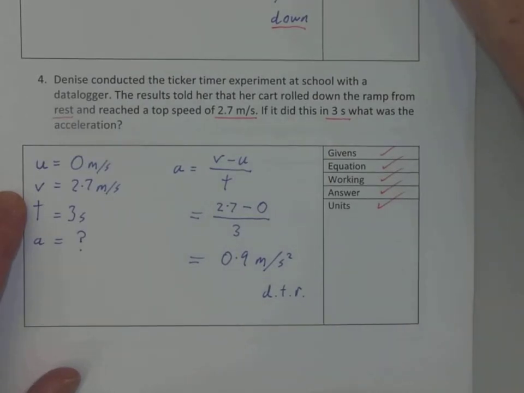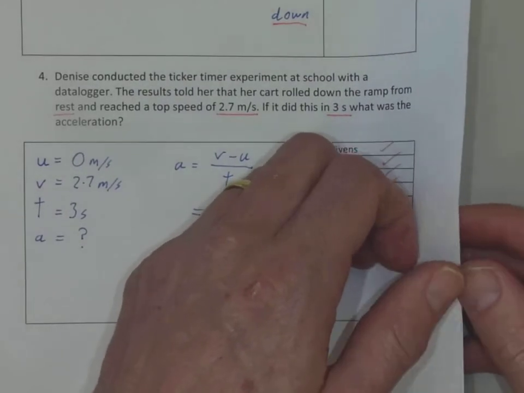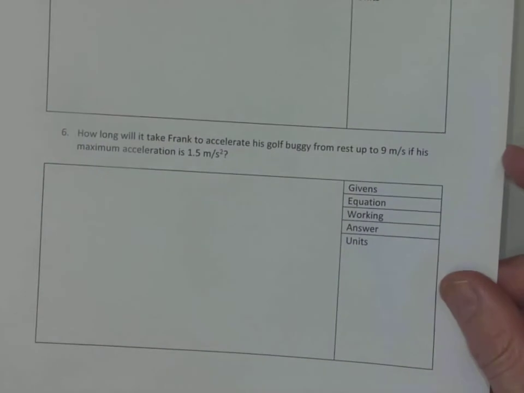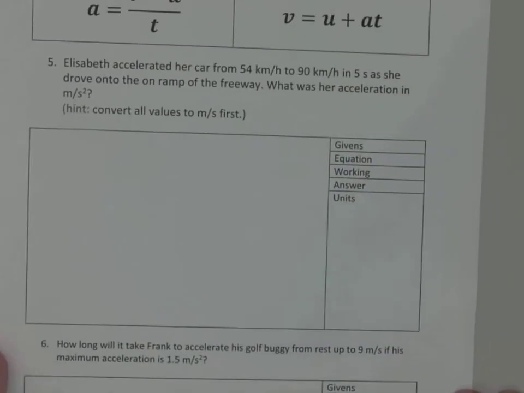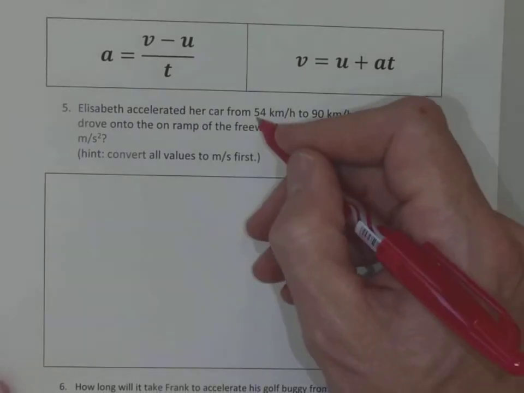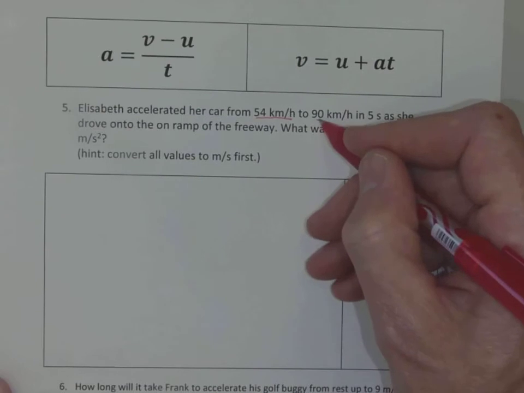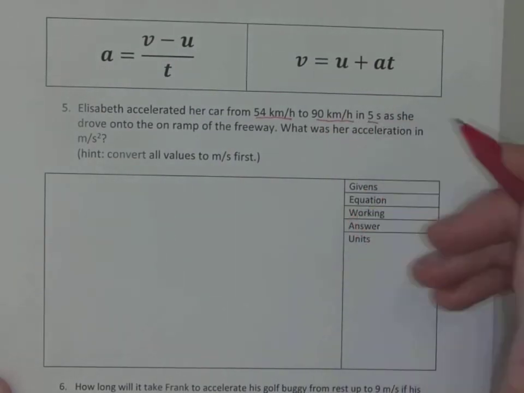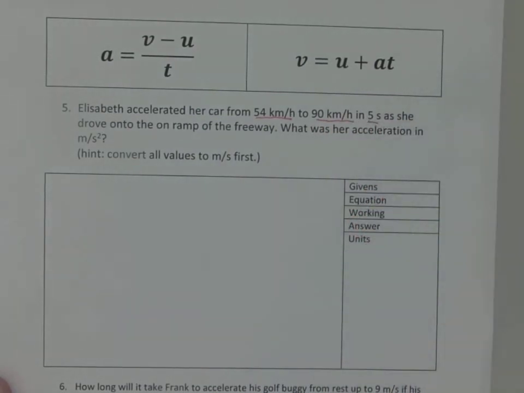Okay, let's try another one. Elizabeth accelerated her car from 54 kilometres an hour to 90 kilometres an hour in 5 seconds as she drove onto the ramp of the freeway, the on-ramp of the freeway.